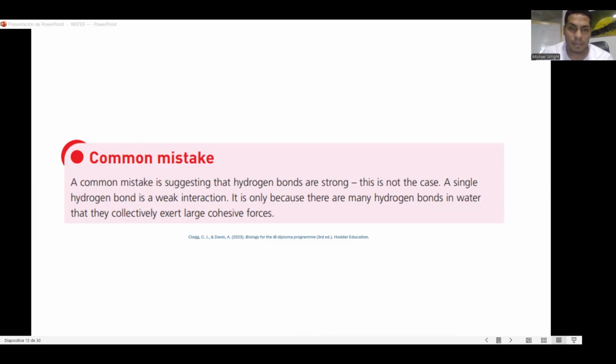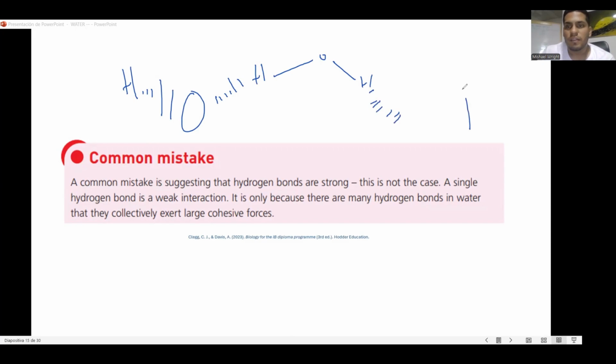A common mistake here is thinking that a single hydrogen bond is enough to hold water molecules together, but many hydrogen bonds work better, increasing the cohesive forces. All right, so let's see what's next.